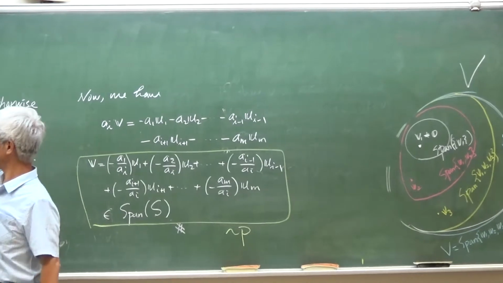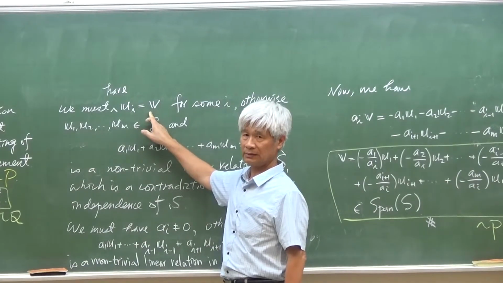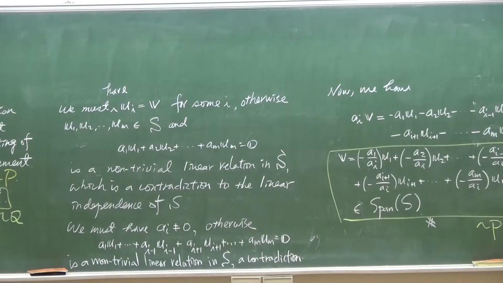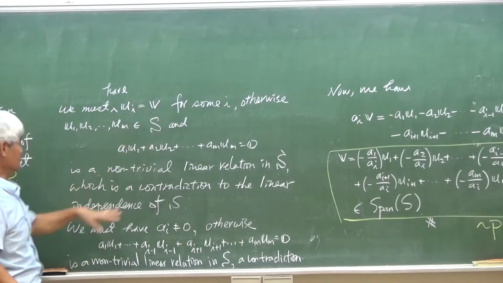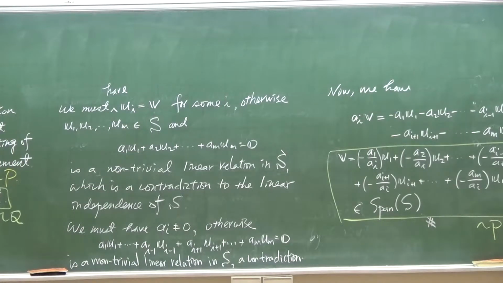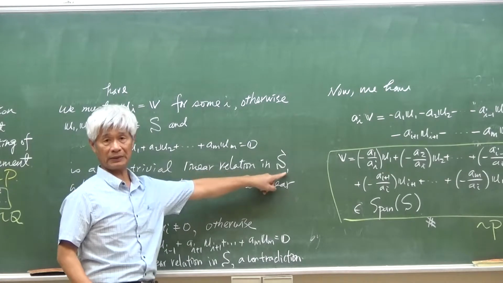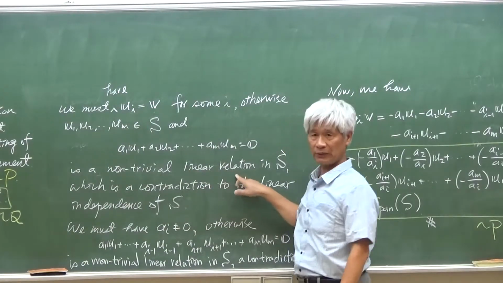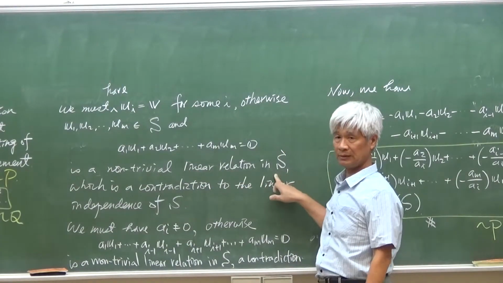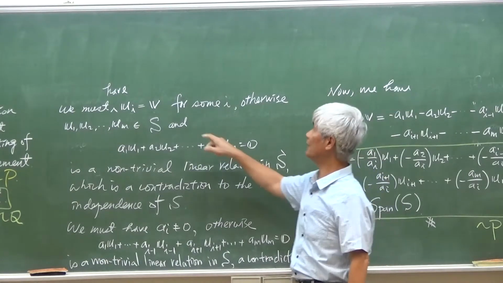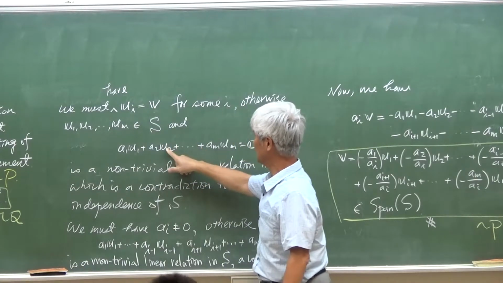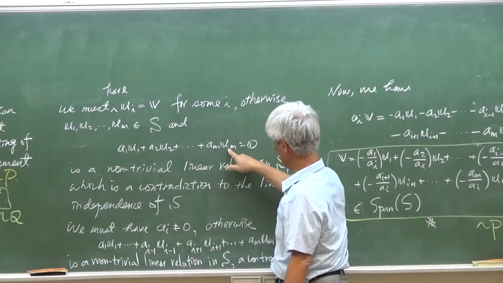Otherwise means, if none of the m vectors is v, then u1, u2, up to um are in S, right? They must be in S. So this becomes a non-trivial linear relation solely in S. Because now u1 is not equal to v, u2 is not equal to v, and so on up to um is not equal to v.